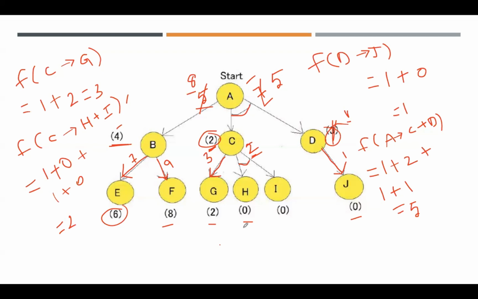So this is already solved. We can see that the solved path is A to C and D. Among these two, we are having the lowest path. So this is the solved path. Our solved path is A to C and D.